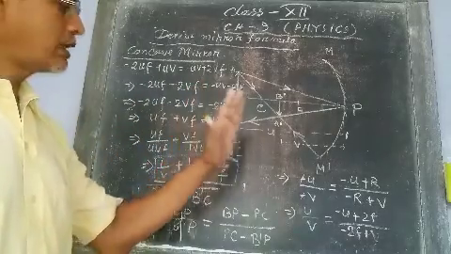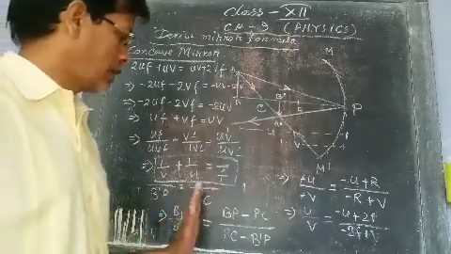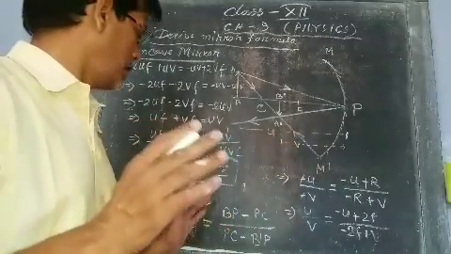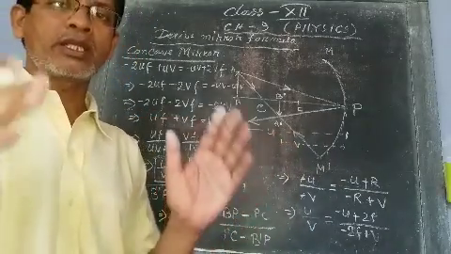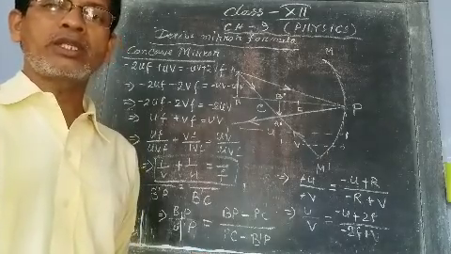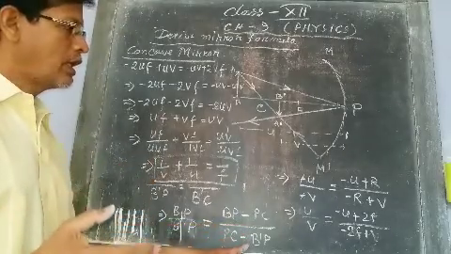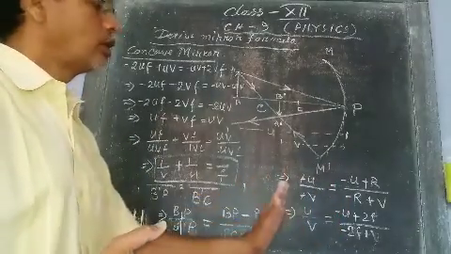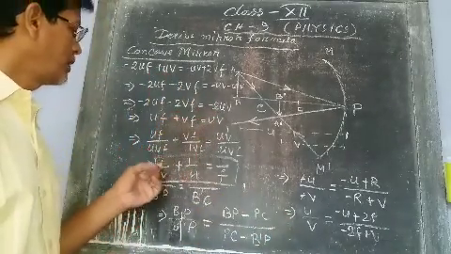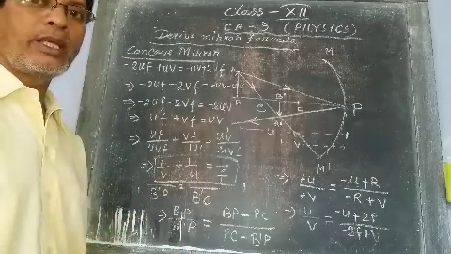In the relation, on the left we have seen that one term is related to P, other term is not related to P, but we have to measure all the distances from P. For this reason we have related this like this, and then we have used the sign convention. We have got this relation, multiplying both sides and dividing by UVF, we have got 1 by V plus 1 by U equal to 1 by F.